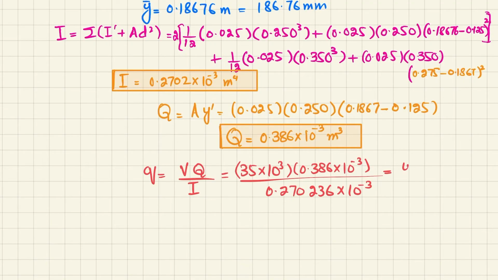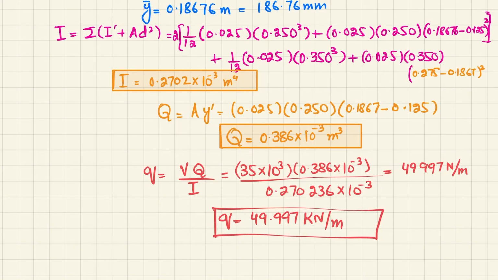So when you solve this, you will get 49,997 Newton per meter, or you can say that it is 49.997 kilonewton per meter. Now you have this shear flow. So what we will do is that we know that shear flow is equal to horizontal shear force per unit length.